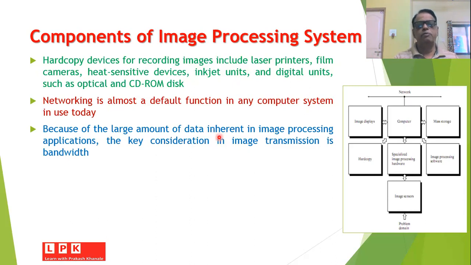A large amount of data is inherent in image processing applications, and therefore image transmission bandwidth is the major problem faced in image transmission. But of course, these problems can be resolved, and almost all image processing systems offer a larger bandwidth for transmission of images.